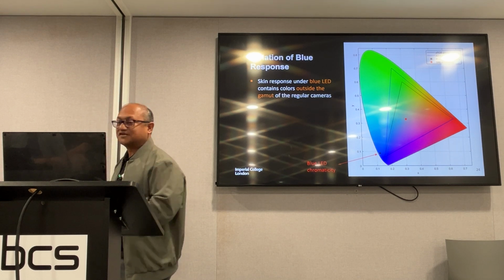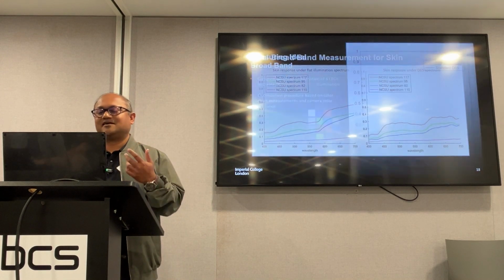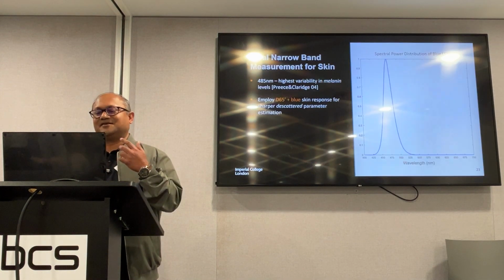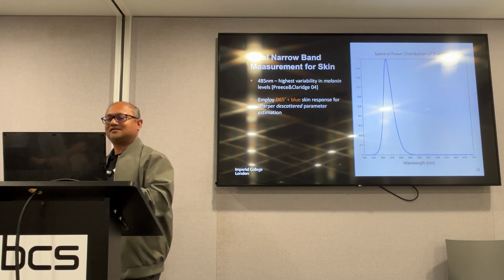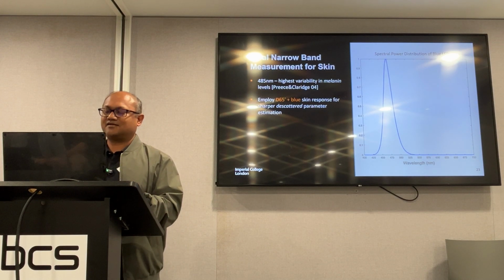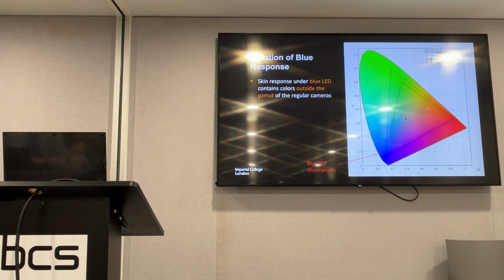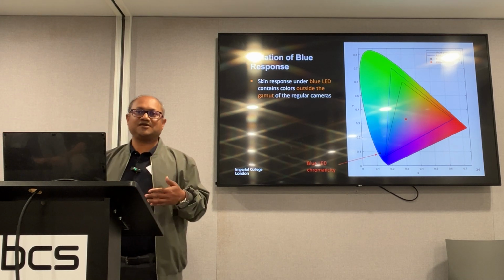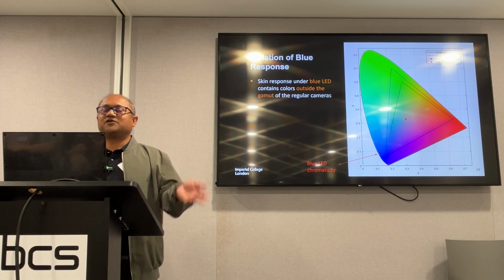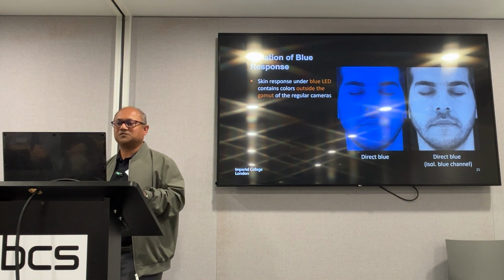So the solution turns out, quite counterintuitively, is to mix some white light with that blue light, making the blue light not super narrow band, but actually a little bit broadband. But what it does is it actually moves the dot from outside the triangle, which is your sRGB spectrum, back inside your sRGB spectrum. And now you can do a computational technique afterwards to extract the ideal quantity that you were looking for.